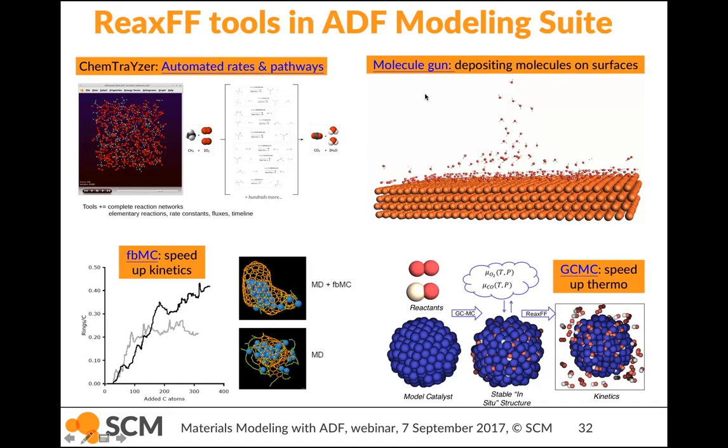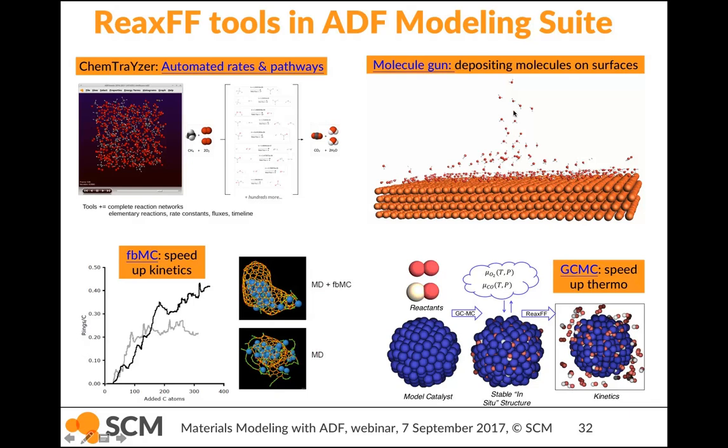Then we have this molecule gun that was already available in the standalone ReaxFF, but now we made graphical user interface support for that as well. And that molecule gun allows you to determine how molecules are added in time. So for instance, if you're interested in wetting a surface, you can have the molecule gun here, and then in a certain randomized way, make sure that molecules make their way onto the surface.